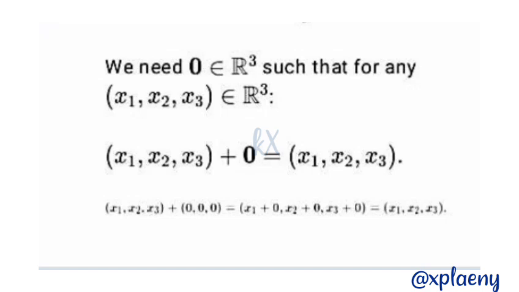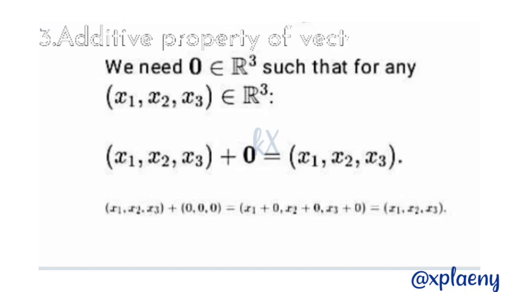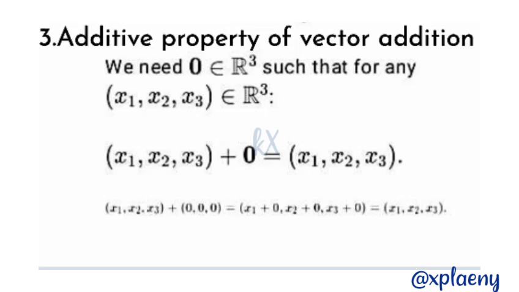So the third one now, we need a zero vector in three-dimensional space such that we have 0, 0, 0, and this property is known as the additive identity, where when you add u plus 0, it gives you u. So when you have x1, x2, x3 plus the coordinate 0, 0, 0, it gives you back the first vector, that is u plus 0 is equal to u.